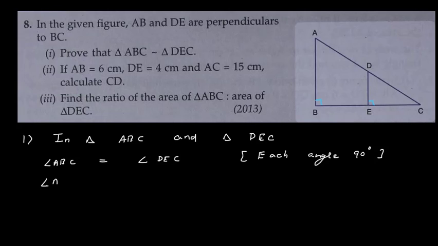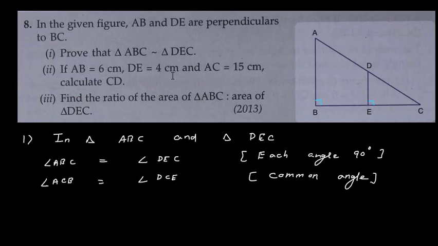So you can say that angle ACB is equal to angle DCE. Here it is a common angle, so you write common angle. So ACB and DCE are equal because they are the common angle. This is the second part.